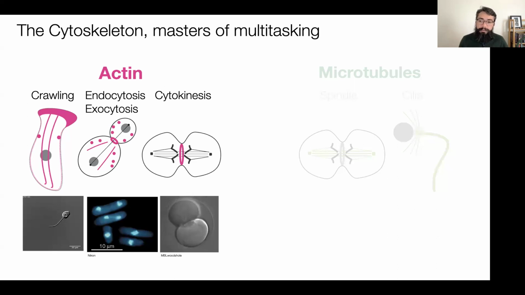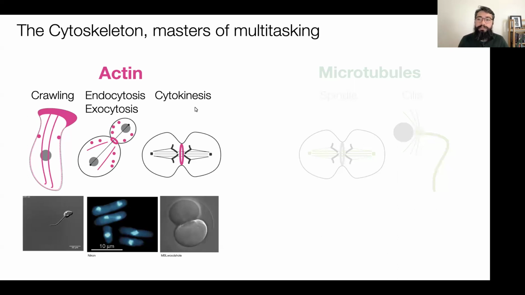Actin is fundamental for the supporting and the deformation of membranes in many biological processes. You have cell crawling, for example, on the left, you see this Chytrid zoospore moving and crawling, and actin is fundamental for that process. You also have endocytosis, exocytosis, and intracellular trafficking. Actin is fundamental to it.